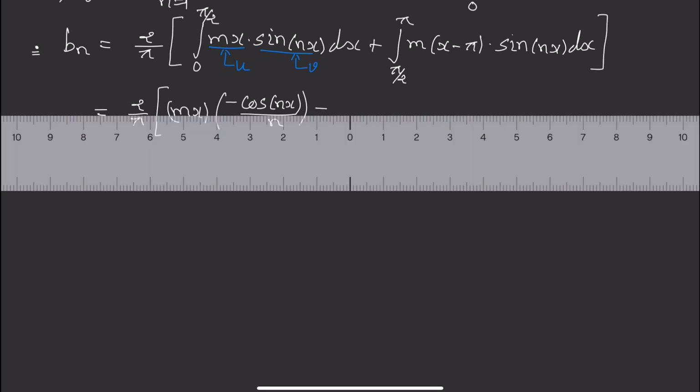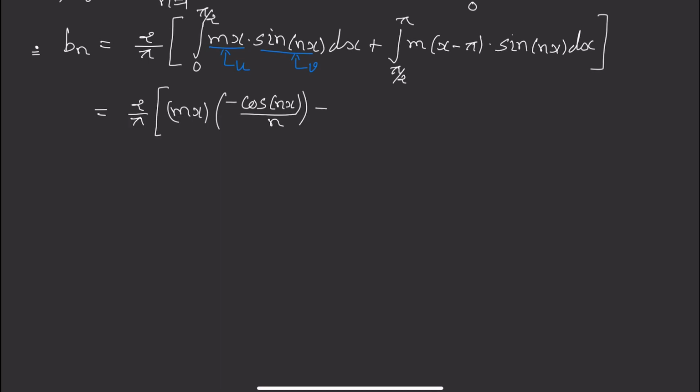Now we do derivative of this. So what is the derivative of that with respect to x? It is m, and we do integration of this bracket again, right?